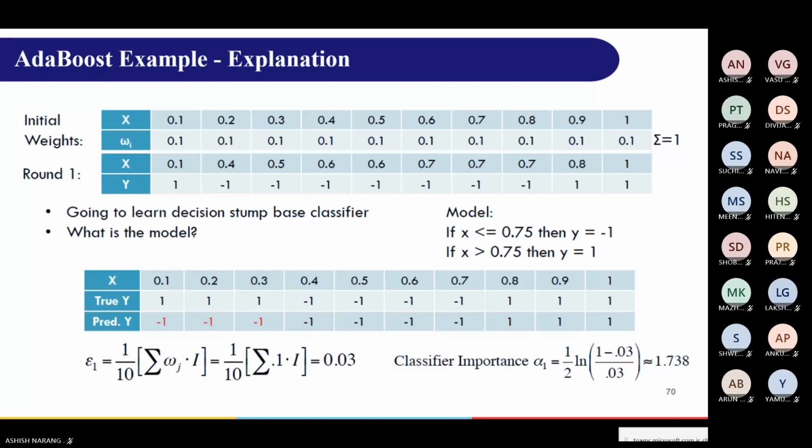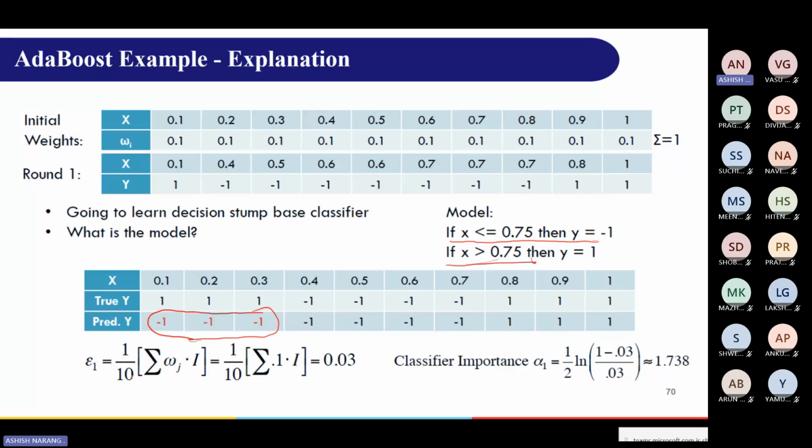So what is happening is, this is what the first model learned. This is round 1. And if you look at this, these were incorrectly classified, right? And for them, the weight would have been increased.